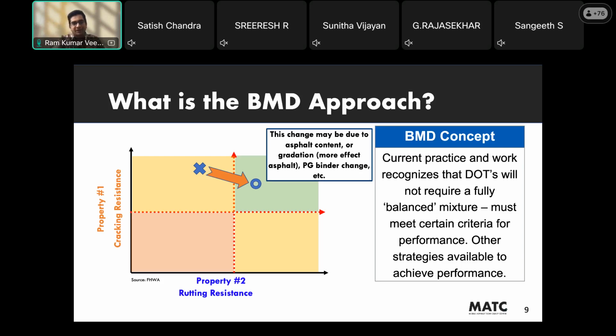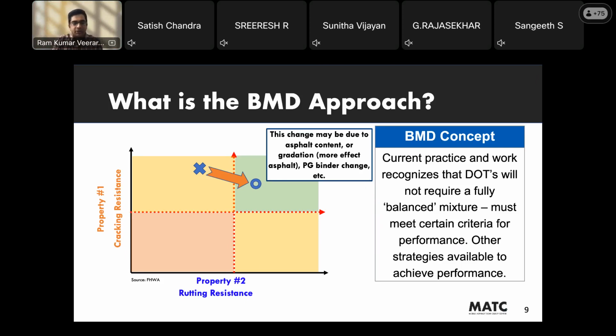So in order to ensure that both of these mixtures perform better, you may need to adjust your asphalt content, effective asphalt content for example, or your gradation as well, to enhance the performance characteristics. So BMD allows a way to work around your volumetrics to achieve this cracking and rutting performance.